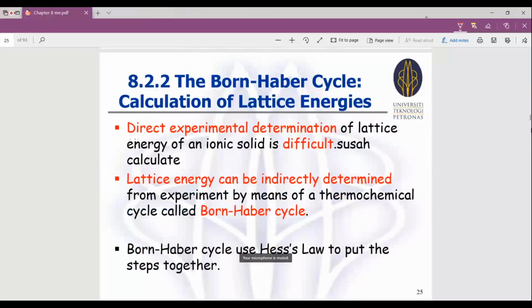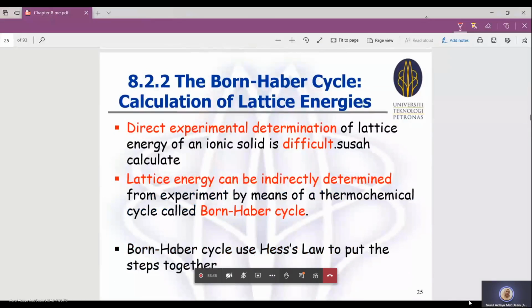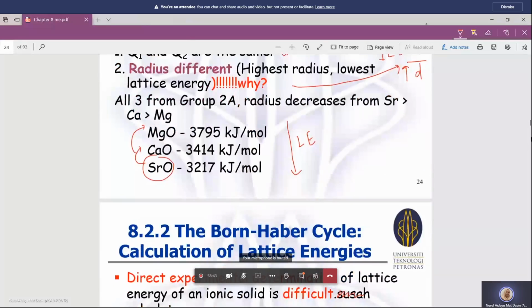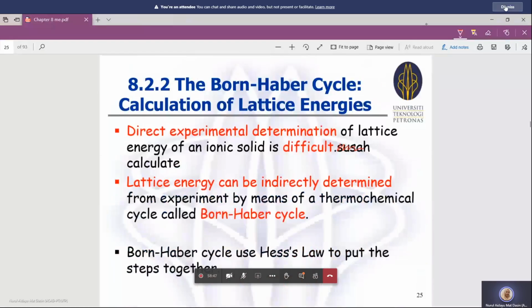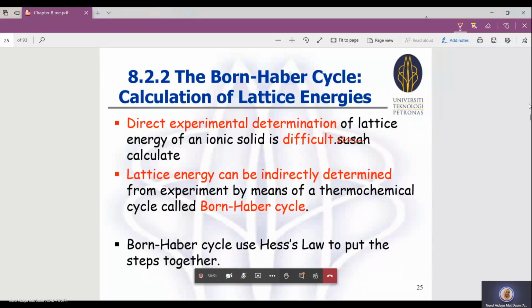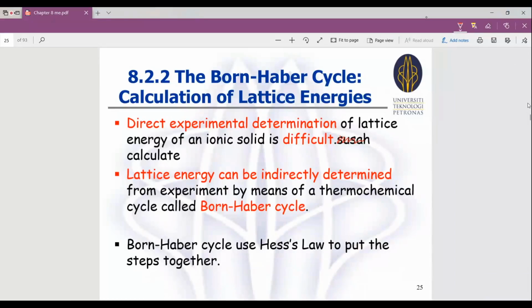Alright, now we go to the next topic. Okay, so just now Yang Wei asked about the lattice energy. We cannot calculate the direct lattice energy because it's quite difficult to calculate the value.